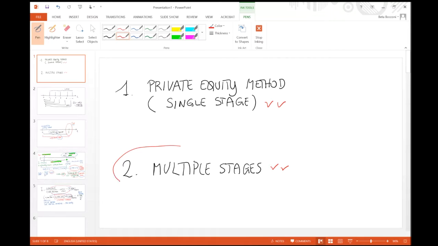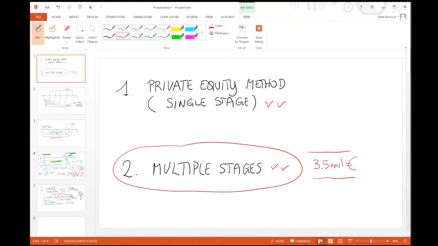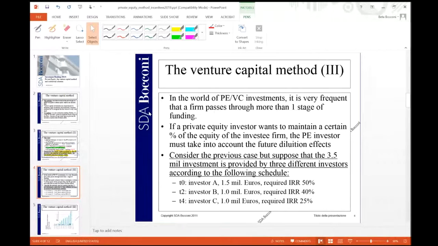So we are going to discuss what happens when the investment of 3.5 million euros is provided not by one single investor, but in multiple rounds of financing with arguably different investors at different points in time. In order to do so, we can use again our slides, and we can analyze in a bit more detail the second example that I'm going to show you.